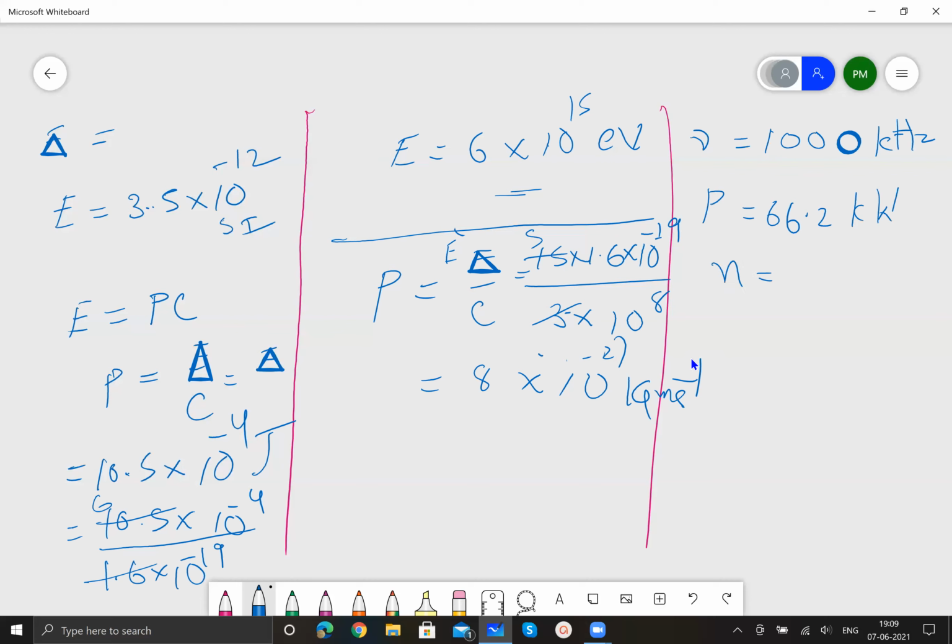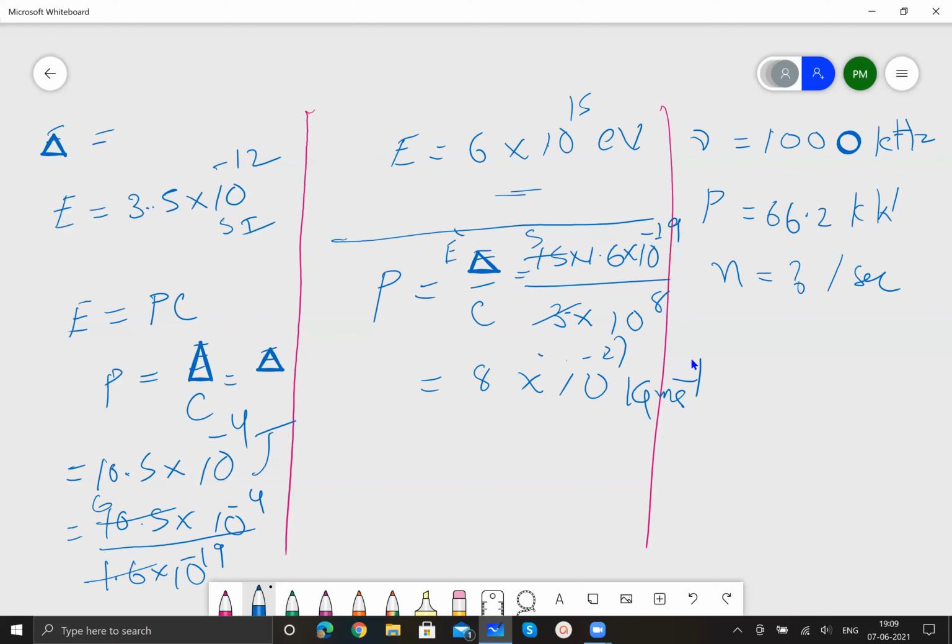How many photons per second are released? Tell me how you do this.